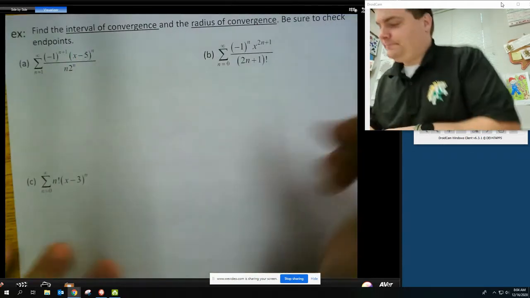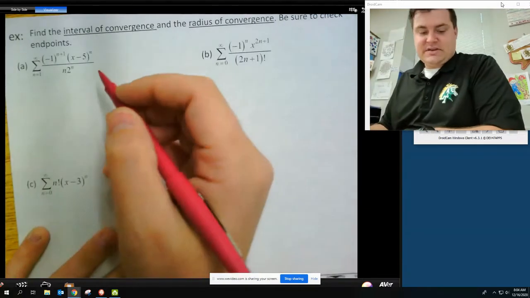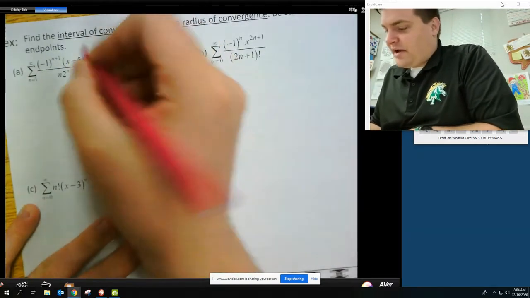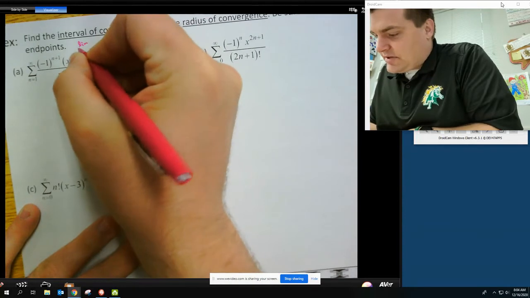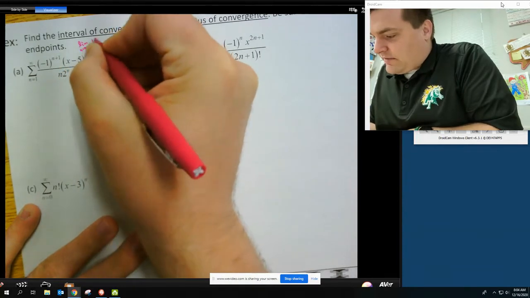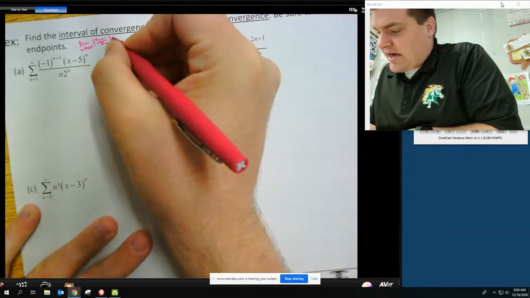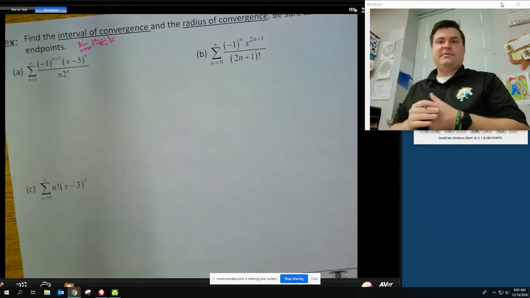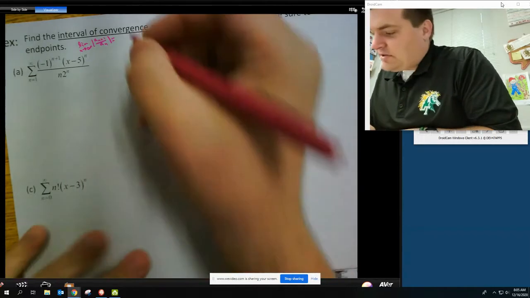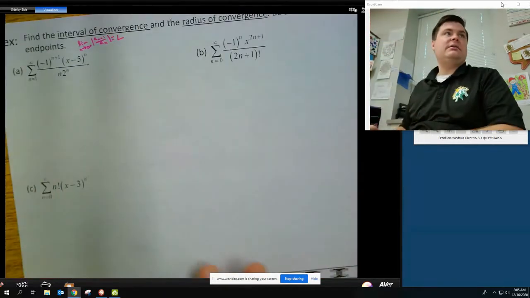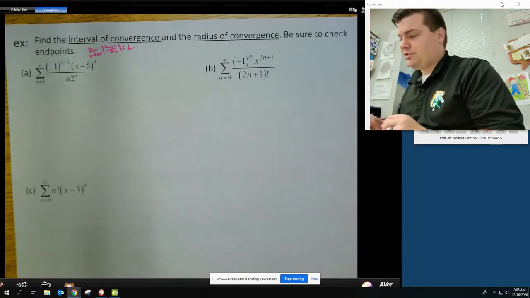So what we're going to do here is the ratio test. If you forgot, that's when we find the limit as n approaches infinity of a sub n plus 1 all over a sub n, and that needs to equal some type of number, say L, for it to converge.